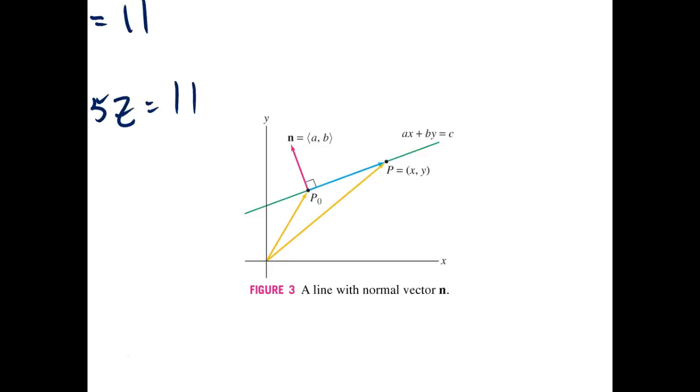And the vector n has a slope of b over a. Those lines are orthogonal if the product of the slopes is -1. That means perpendicular.